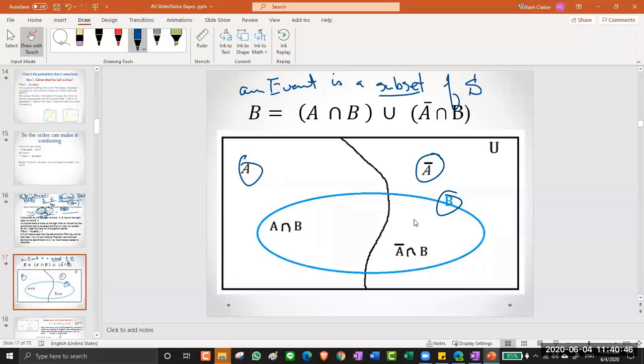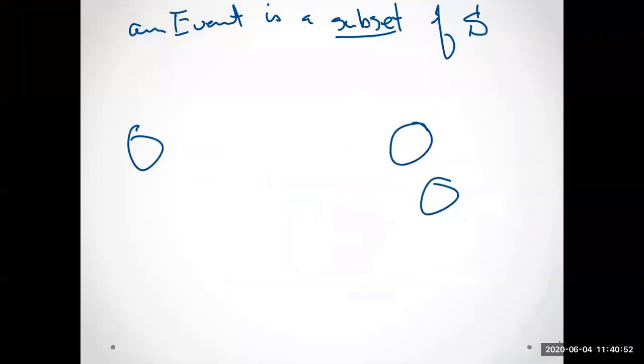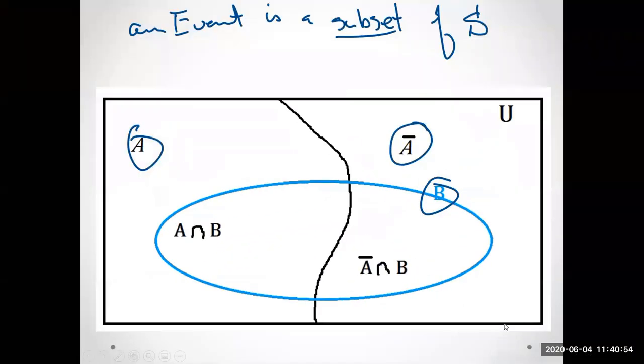You could say this is also an event, and this is also an event. Okay, that's fine. But anyway, does everyone recognize these 3 events? A, A complement, and B. Because each one of those is a subset of the sample space, right? Yes.